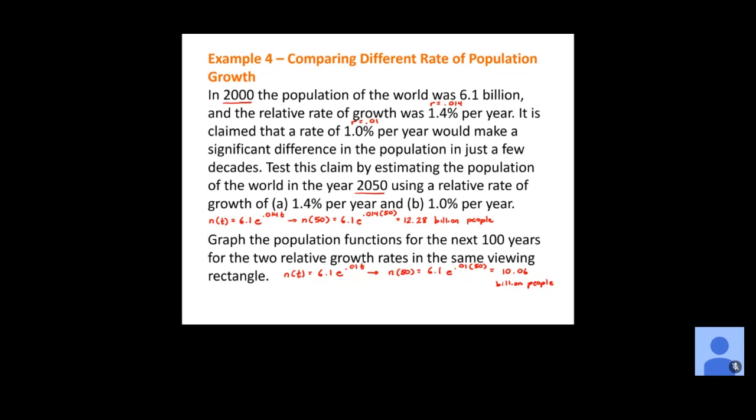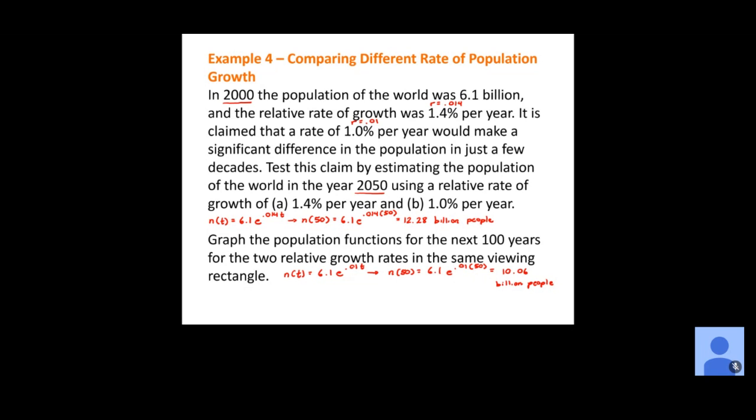So notice here, right, that after 50 years, our estimate of the population on Earth is over 2 billion people different if we use a 1.4% rate of growth versus a 1.0% rate of growth. So you might think, oh, well, it's only 0.4%, right? It's a very small rate.